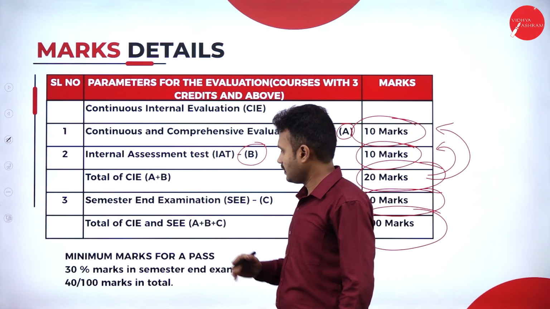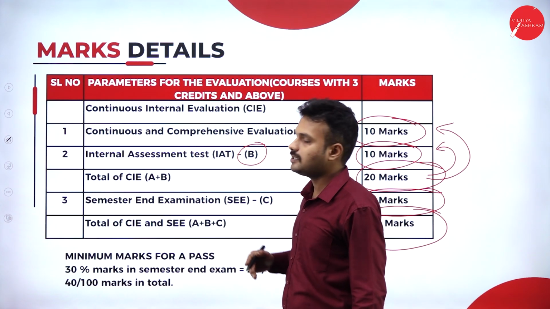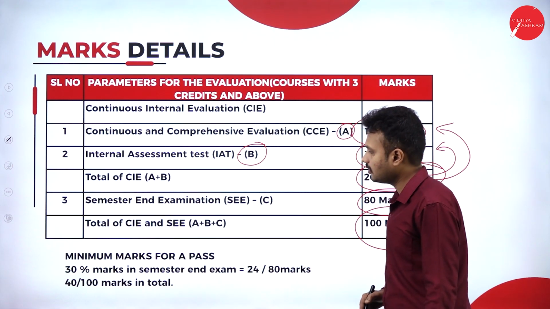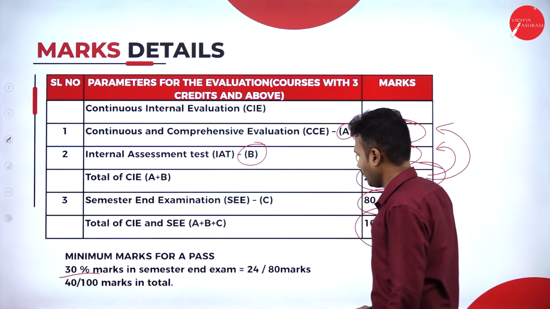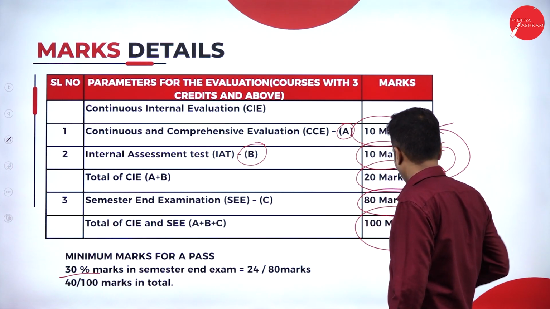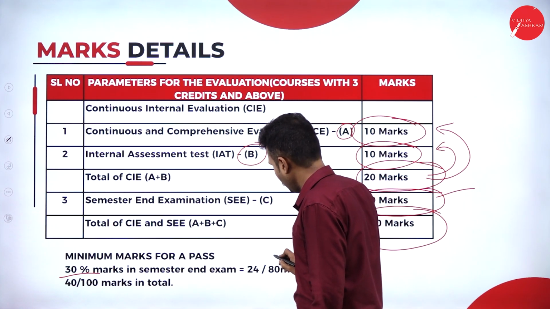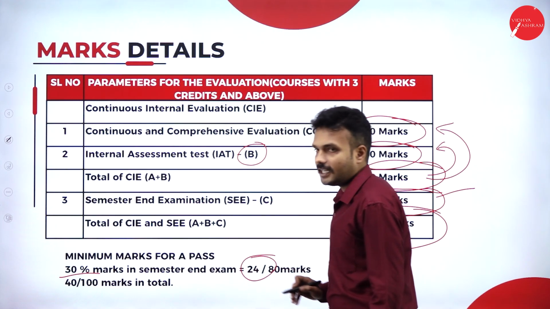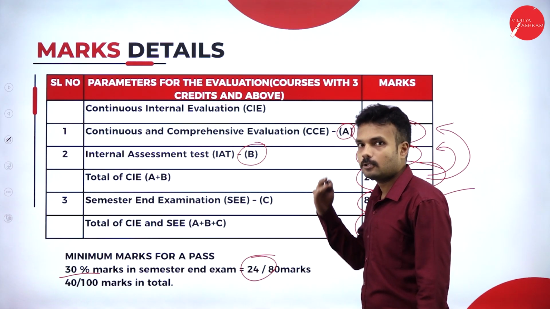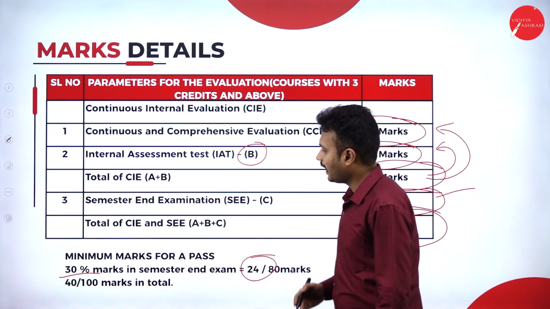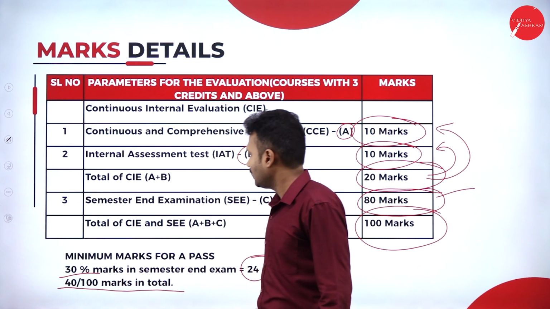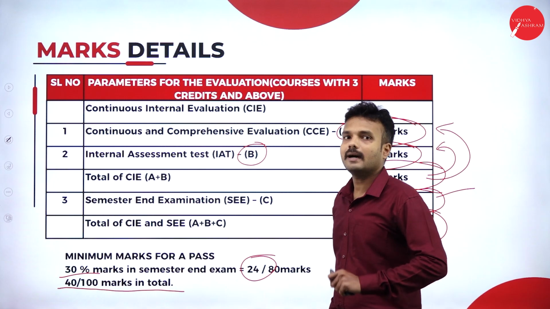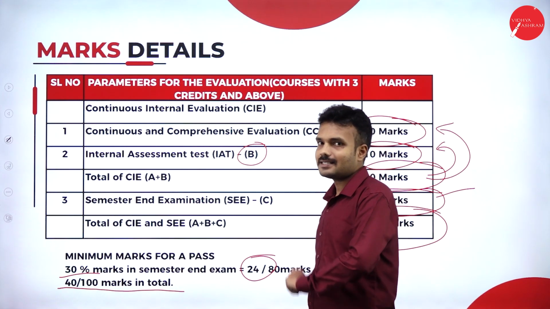So here there are some criteria to get qualified in this subject. You must score a minimum of 30% in the written exam for 80 marks. That is, at least 24 marks out of 80 to qualify in this paper, and internals and externals together you must score 40 marks, that is 40% in this subject.